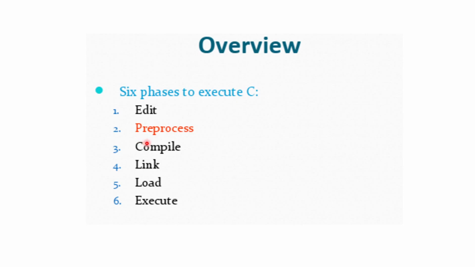After compilation, an object file is created, which is linked with the libraries that you have used in your program, and then it is loaded in the memory and then executed. So a lot of steps are there. Now we will concentrate on this preprocessor part only.